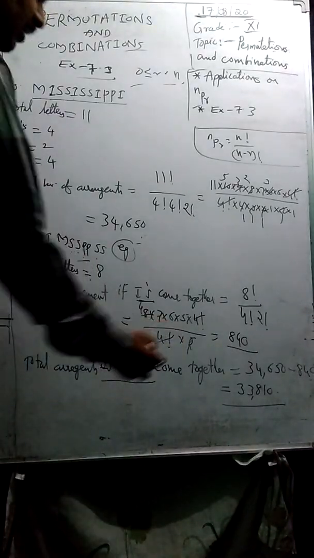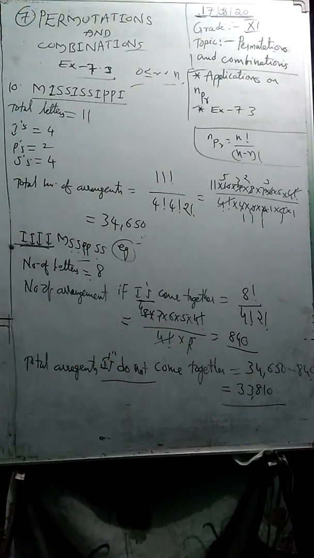So the total arrangements where I's do not come together, I mean somewhere in between, not together, is 34,650 minus 840, that is 33,810 words. This is the way to solve the problem, students.